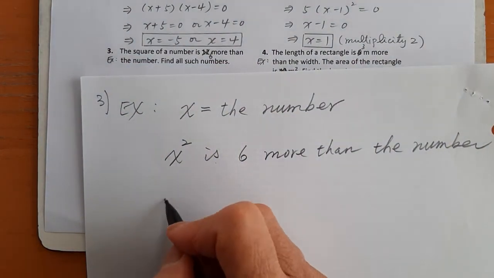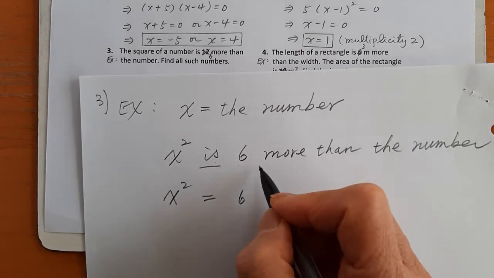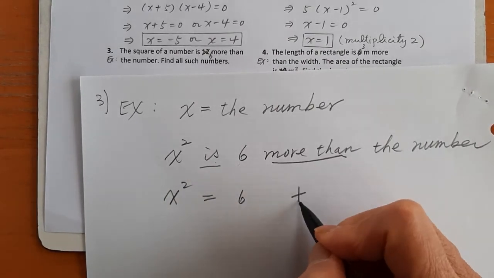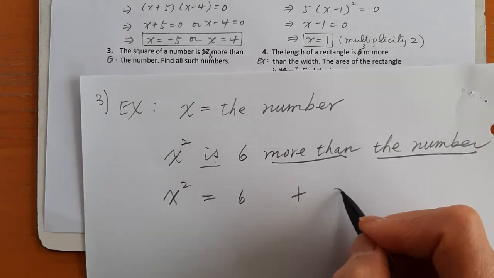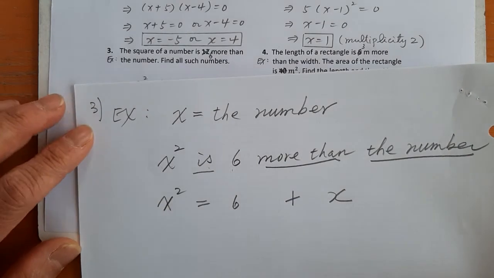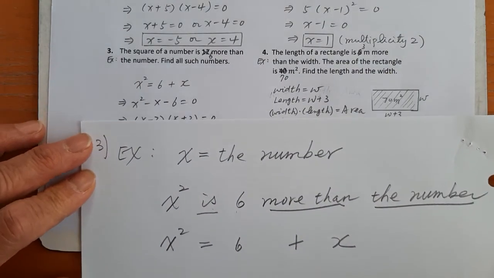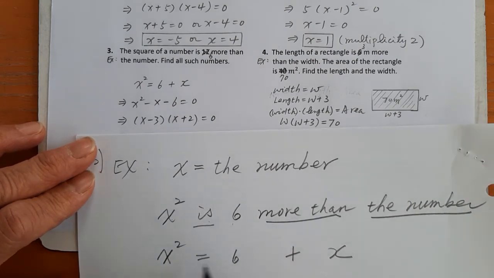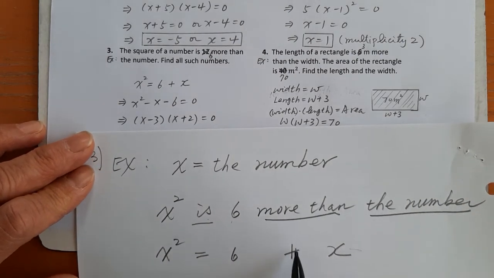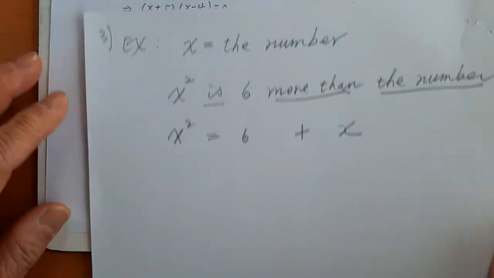(Your homework has 12, so I changed it to 6 as an example.) So x squared is equal, 6 is 6, and 'more than' changes to a plus sign. The number we assume is x. So we transfer the sentence to the algebraic equation: x squared equals 6 plus x.